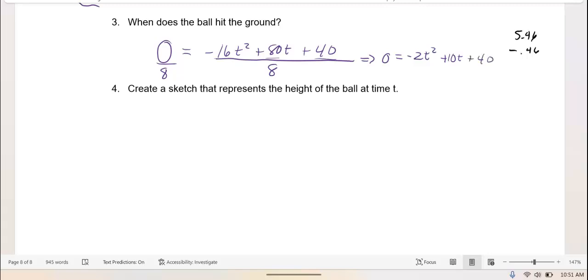And also in algebra, when I solve these equations, I like to have my leading term positive if I'm going to try and factor it, or just if I'm using the formula. You don't have to, but it makes it a lot better. Wait, could I have divided by 16? What did I do wrong here? There's my error. 40 divided by 8 is 5, so let's correct that real quick.